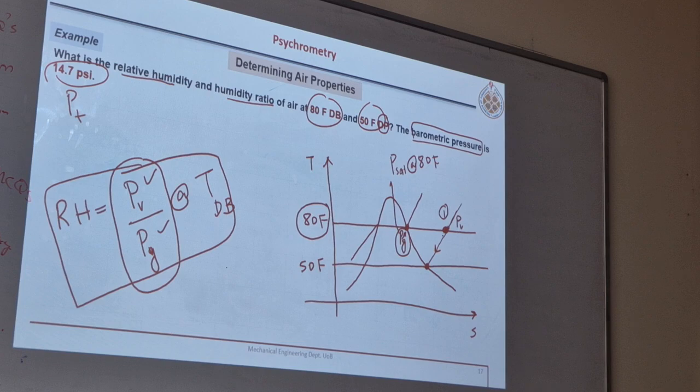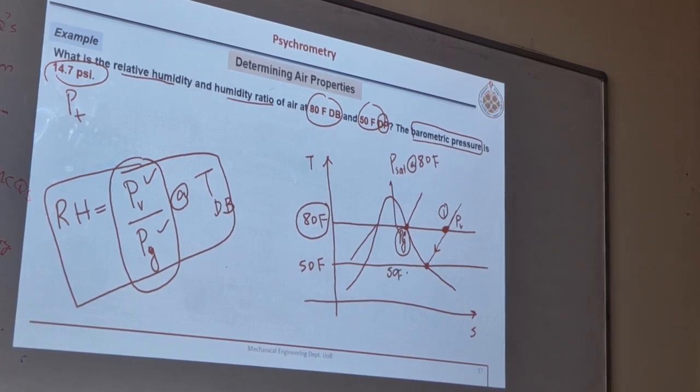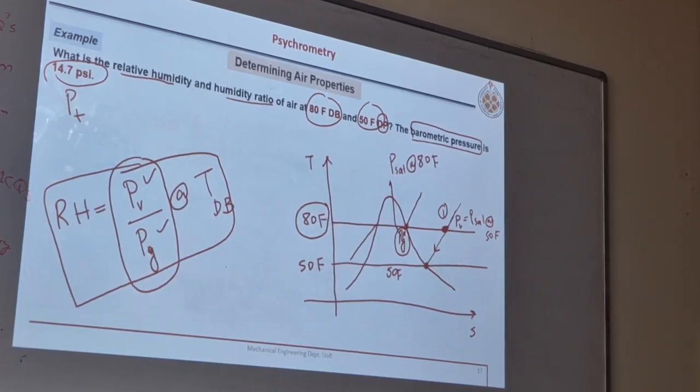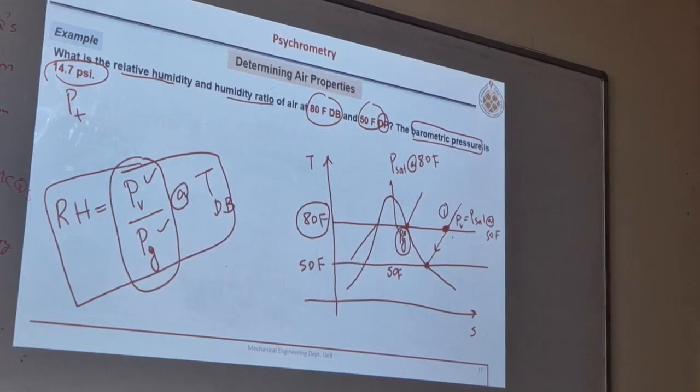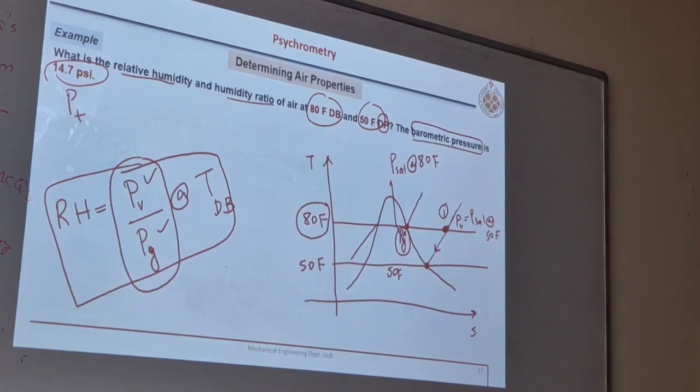Yes, this pressure is actually P sat at 50. So go to the steam table, find out P sat at 50. This will be PV, and this will be PG, which we need for relative humidity.